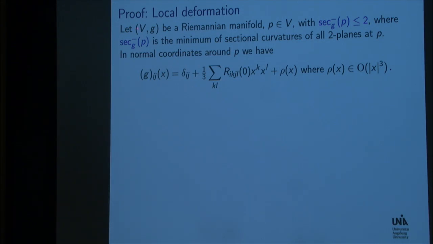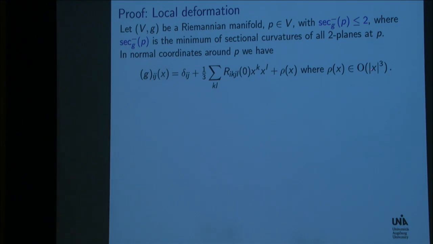In general, let us start with some Riemannian manifold V, and we take a point P in that manifold. And I assume now on this slide that the sectional curvature at P is bounded above by minus 2. So this minus means it is the minimum of sectional curvatures of all 2-planes at P.